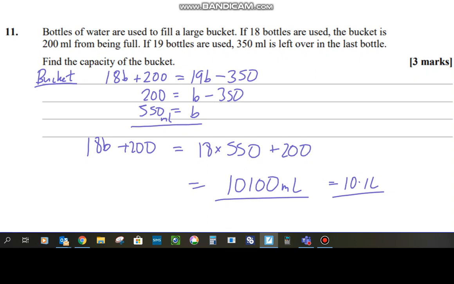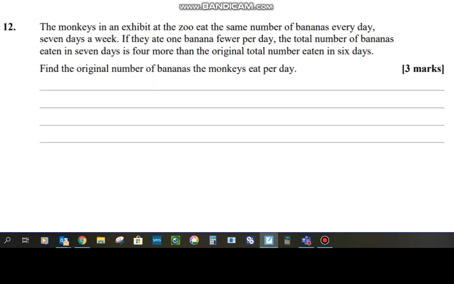Okay, and lastly, the really tricky question 12. Right, the monkeys in an exhibit at the zoo eat the same number of bananas every day, 7 days a week. If they ate one banana fewer per day, right, so let's look at that for a bit. One banana fewer per day. So in each day they would eat B bananas. So in a normal week they'd eat 7B bananas.